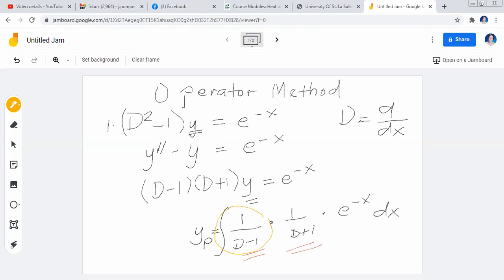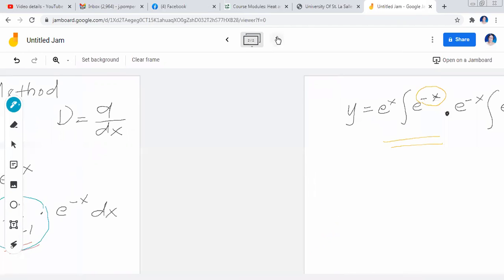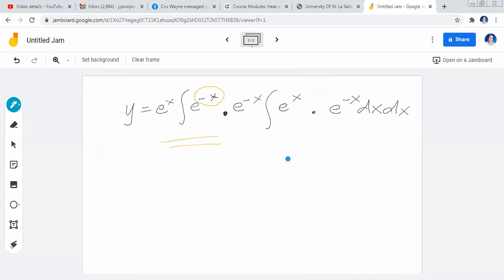Now, I'd like to change color for you to understand what we're doing. Okay. Now, what about this one? The D plus 1. So we'll go here on our next slide. You notice this? It's plus 1.